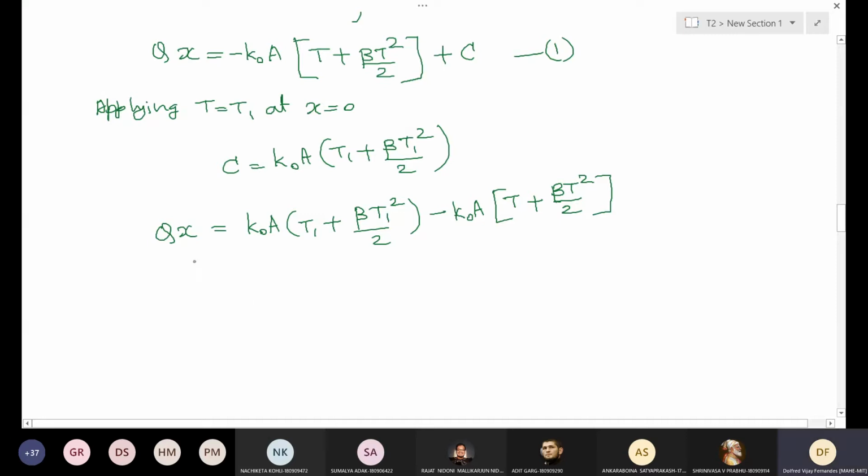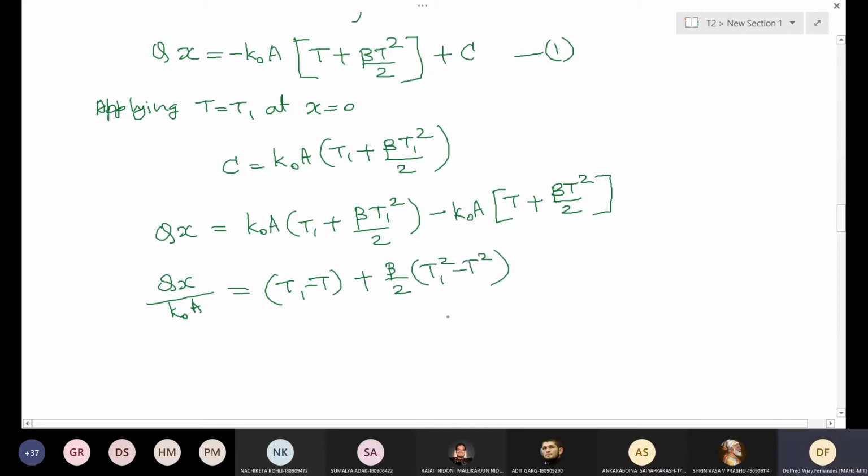K0 A we can bring to the left hand side: Qx divided by K0 A. On the right hand side we have T1 minus T, and then beta by 2 into T1 square minus T square.